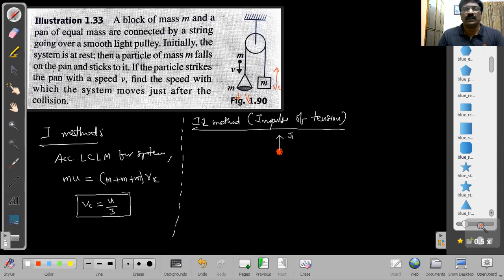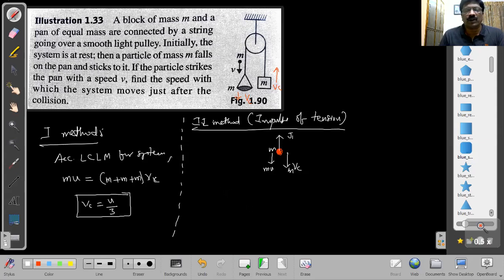The initial momentum of the particle is downwards, equal to mu only. But when the particle collides with the pan, the particle pushes the pan downwards, so the particle and pan move with common velocity vc. The mass of the particle is m. So the final momentum is m into vc, in the downward direction, whereas the impulse is in the opposite direction.